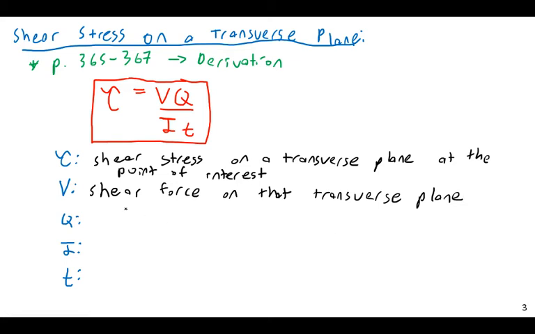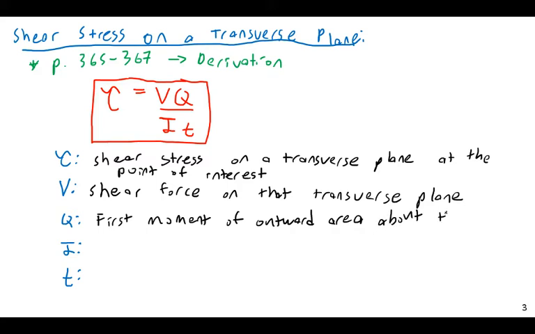Q is the first moment of outward area, and we'll talk about calculating this. First moment of outward area about the neutral axis.